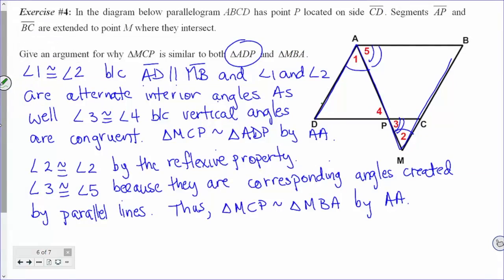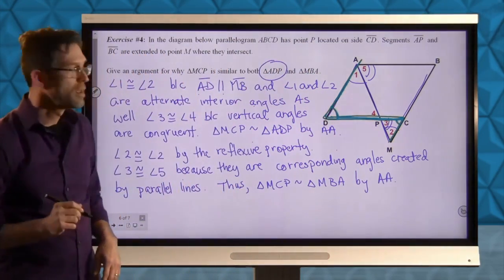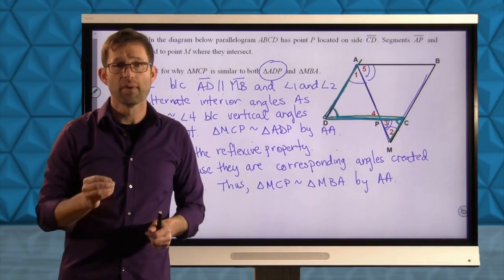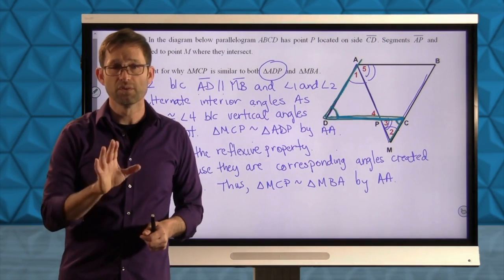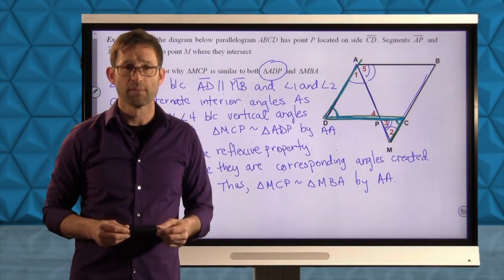I could have also said that this angle is congruent to this angle, again those being alternate interior angles created by these two parallel lines and that Z. So there tends to be a lot of information, maybe even more than what you need to use AA to establish that two triangles are similar.